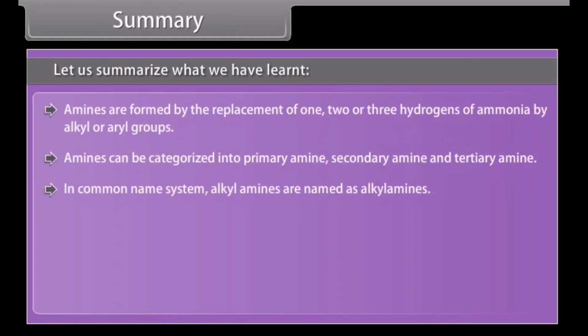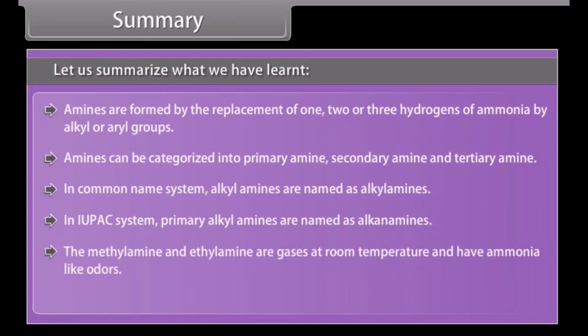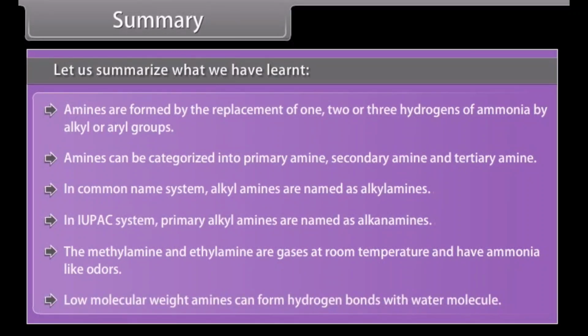In common name system, alkyl amines are named as alkylamines. In IUPAC system, primary alkyl amines are named as alkanamines. Methylamine and ethylamine are gases at room temperature and have ammonia-like odors. Low molecular weight amines can form hydrogen bonds with water molecules.